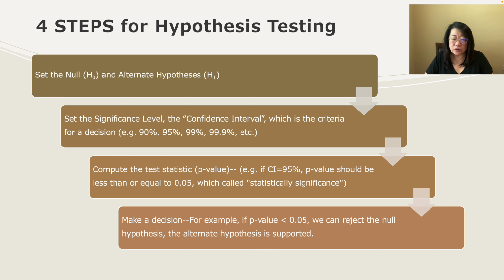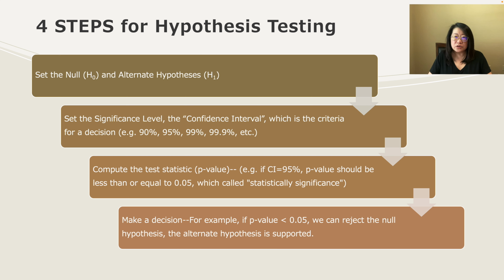So the p-value is the criterion for us to make a decision. If the confidence interval is equal to 95%, the p-value should be less than or equal to 0.05, which we call statistical significance, and then we are able to reject the null.